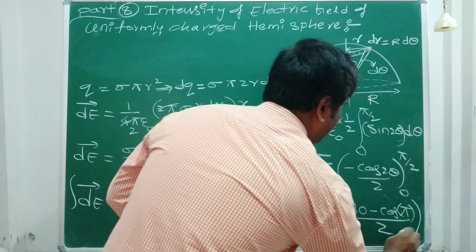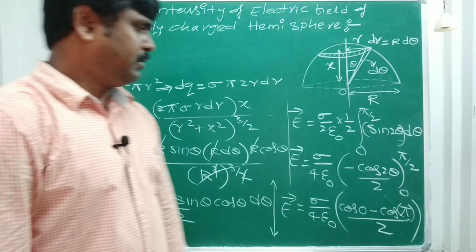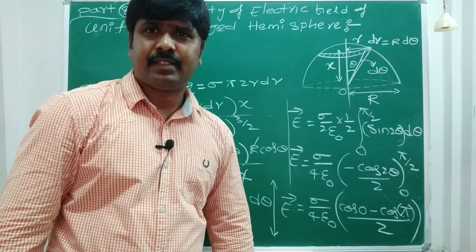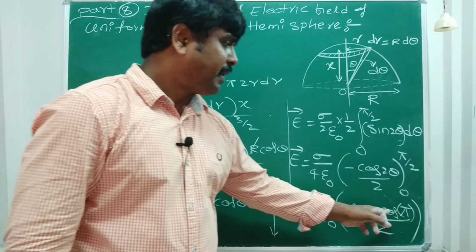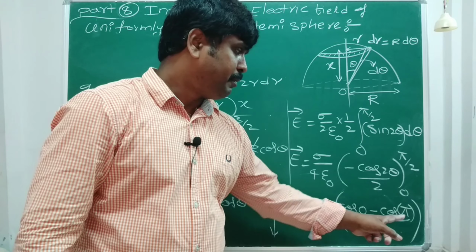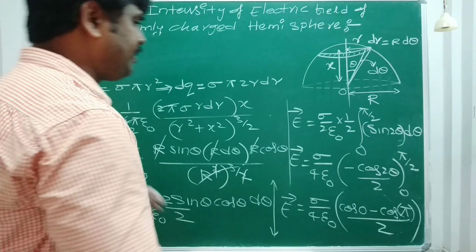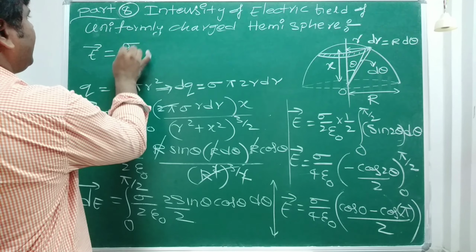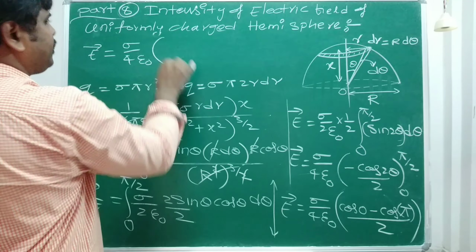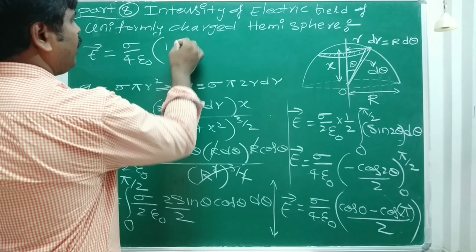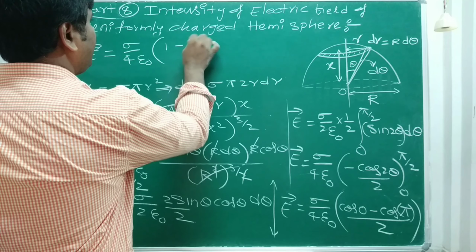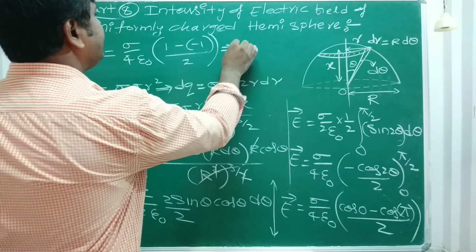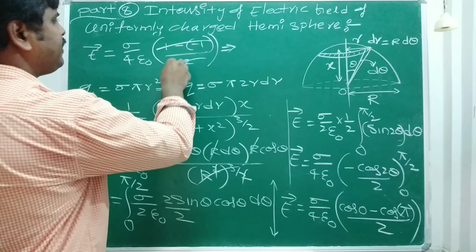Here 2 into pi divided by 2, 2 gets cancelled. So cos 180 is equal to minus 1, minus of minus is plus. So for that we can write E bar is equal to sigma divided by 4 epsilon naught. Okay, cos 0 is 1, minus of minus 1, divided by 2. So the answer is here, this value gets cancelled.